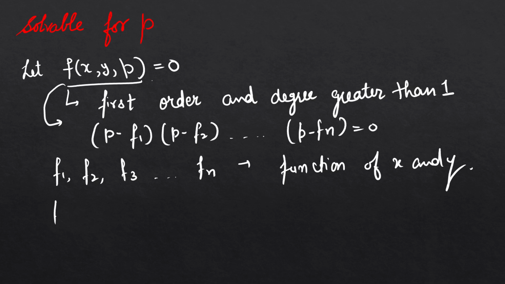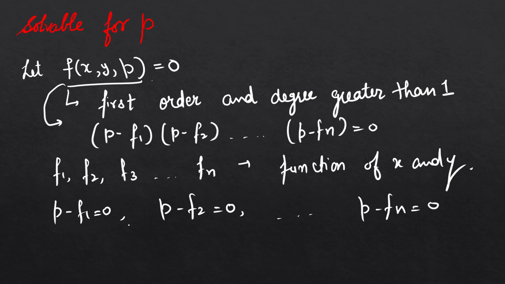After this we will take p minus f1 equal to 0, then p minus f2 equal to 0, then p minus fn equal to 0. After this we will get p equal to f1, p equal to f2 up to so on p equal to fn. Then we know that p is equal to dy by dx.